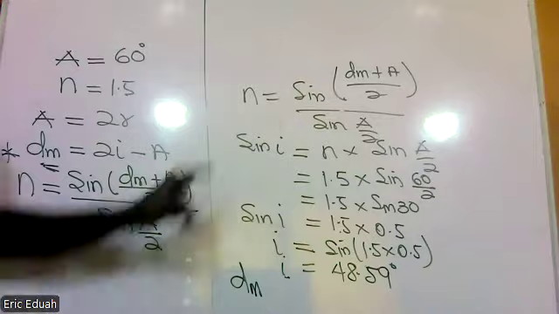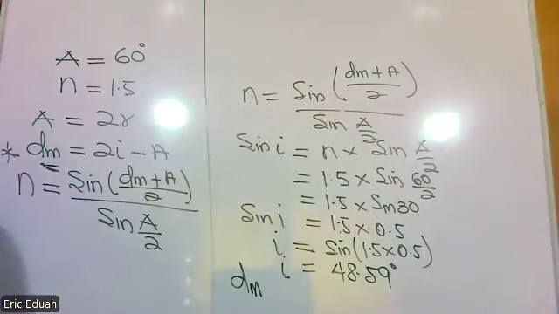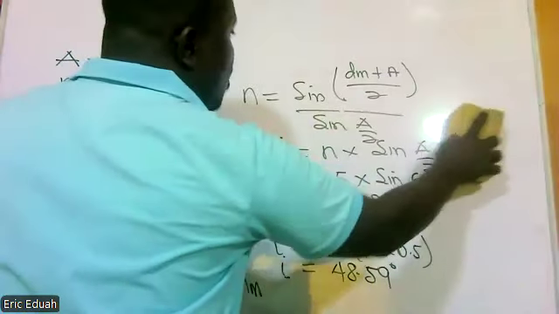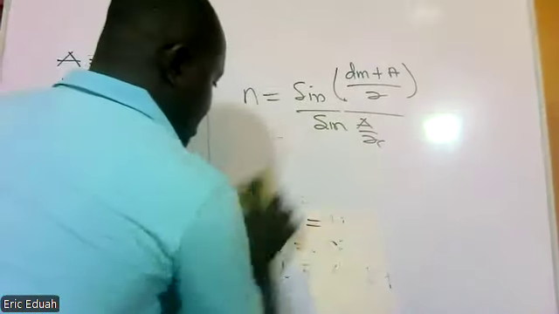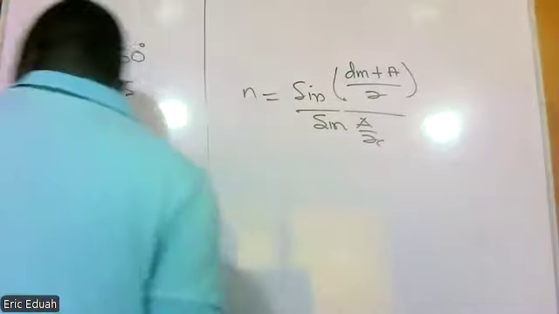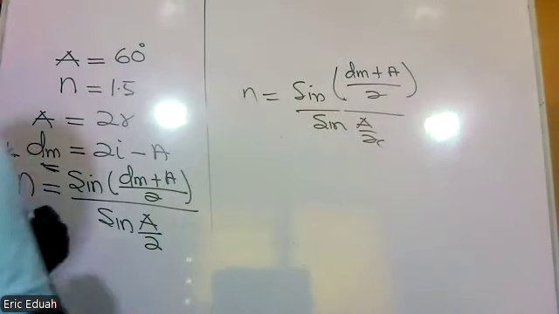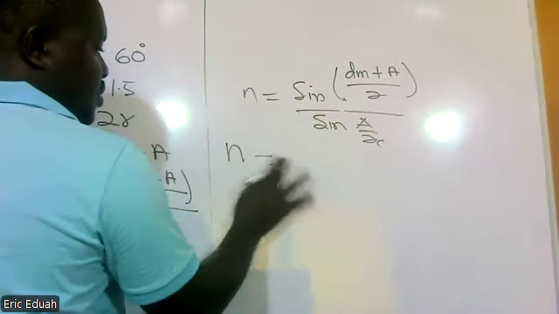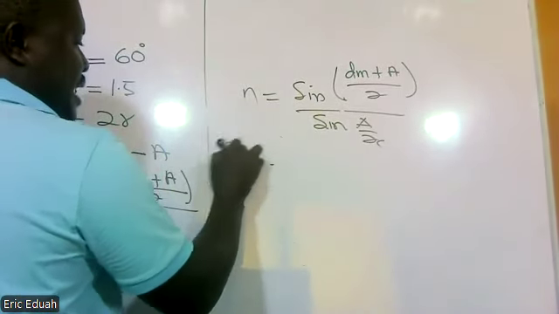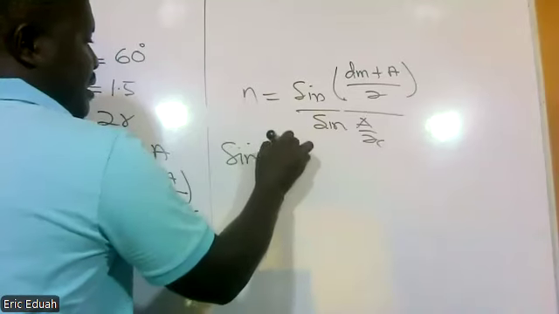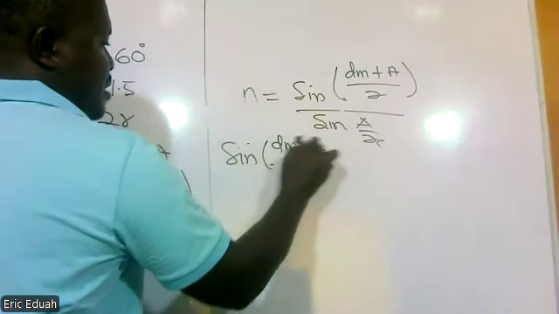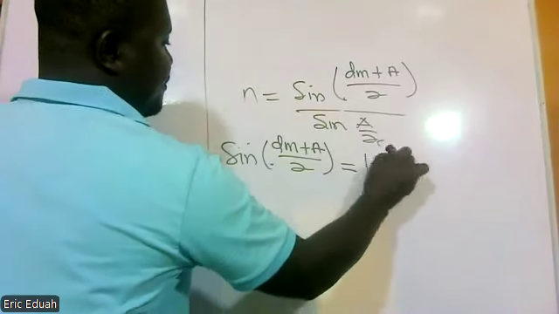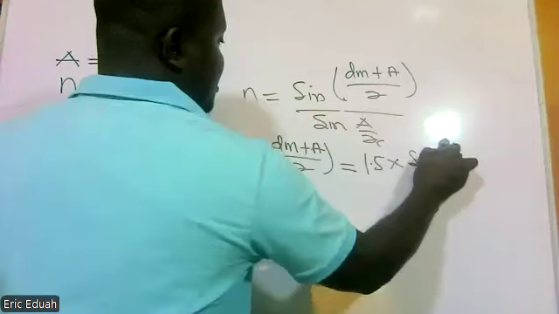So instead of I, maybe we want to find (dm plus A) on 2. Let me rather go through it that way. So we have sine of (dm plus A) on 2, which is equal to 1.5 times sine of 30.